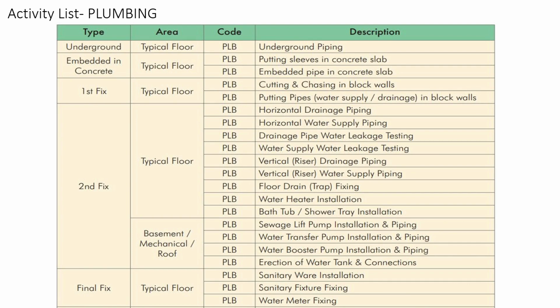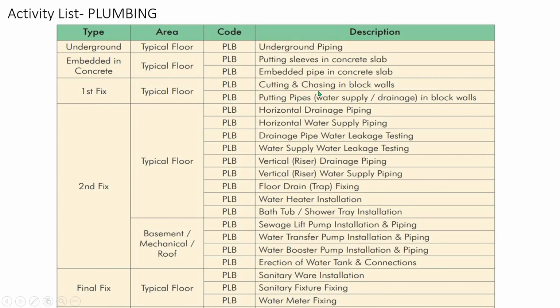Wherever required in the wall or in the slab, we have to put the sleeves in the concrete slab. Embedded pipe in concrete slab, cutting and chasing in block walls, right? When it comes to plumbing, cutting and chasing is essential for the water supply pipes, because water supply pipes will run inside the wall.